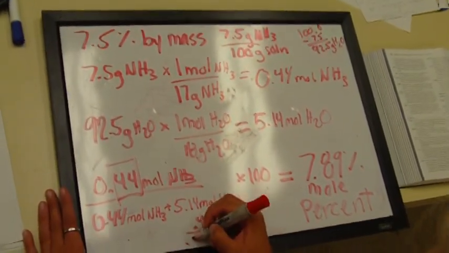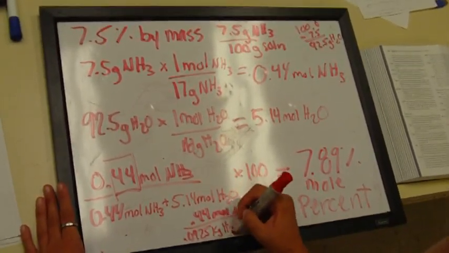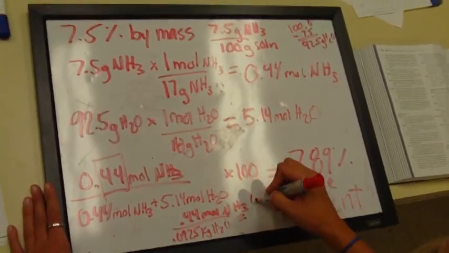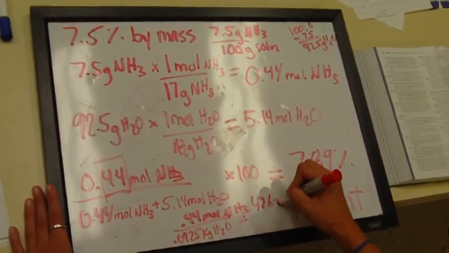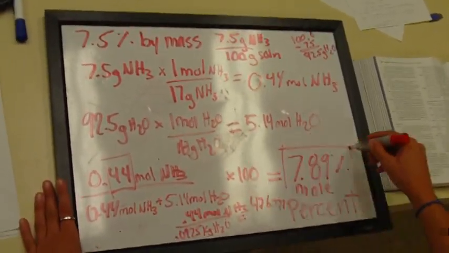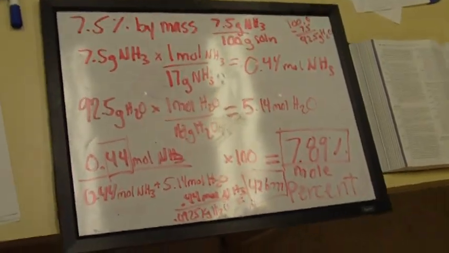It's going to give us 0.0925 kilograms of solvent. And when we do that, we end up with 4.76 molality. So that's our molal concentration.